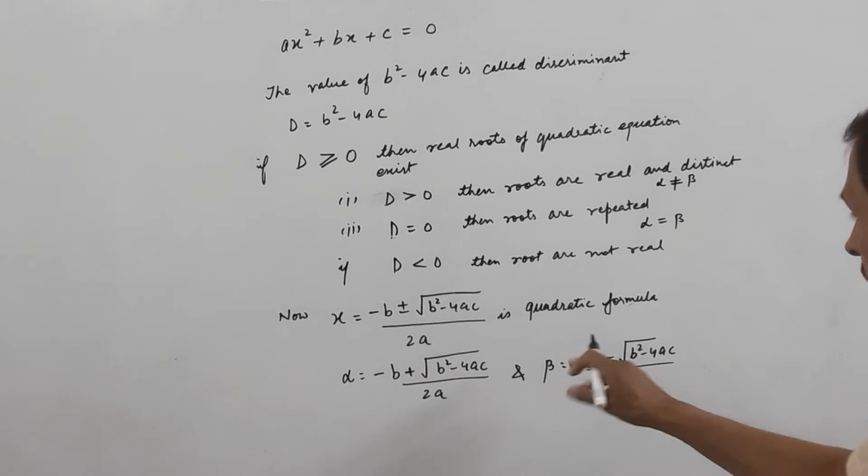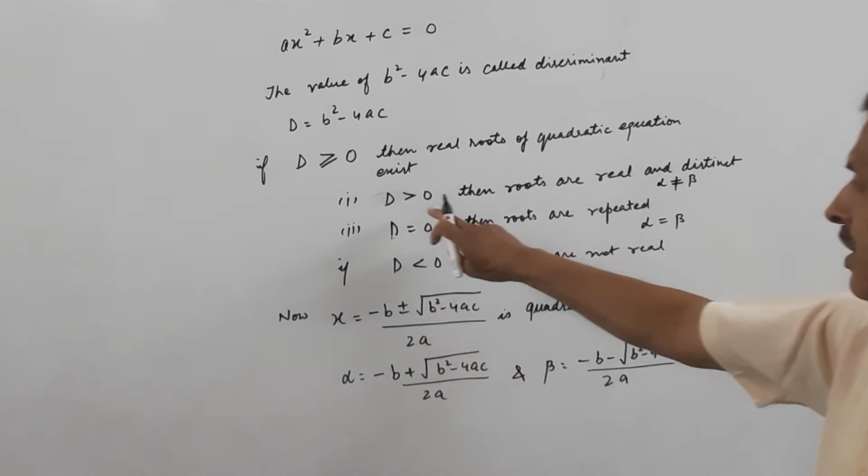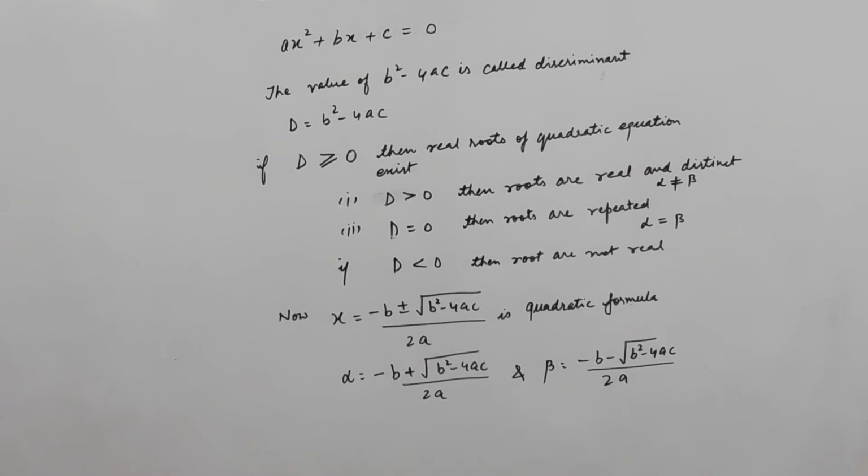So alpha and beta are different if discriminant is greater than 0.